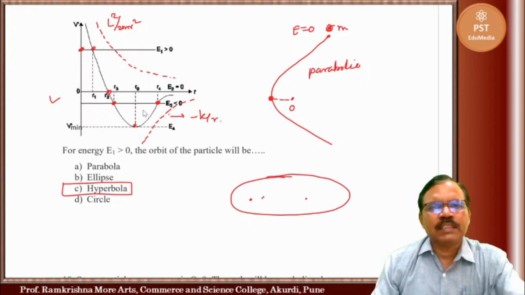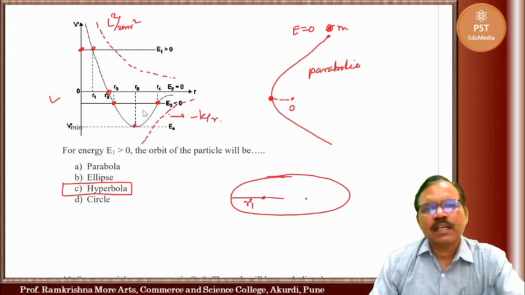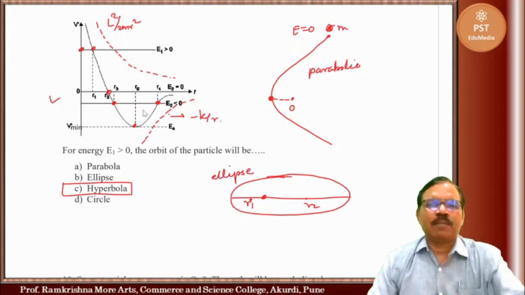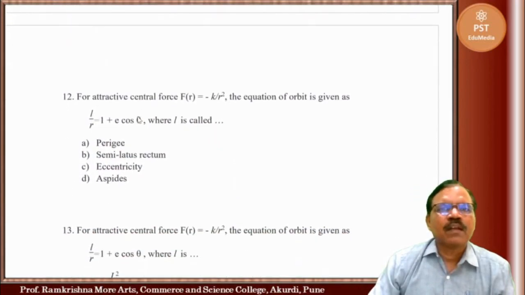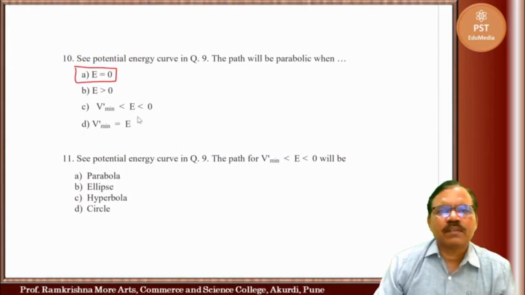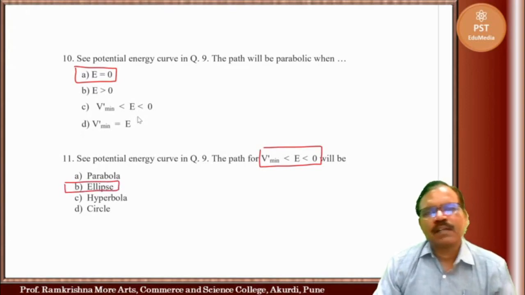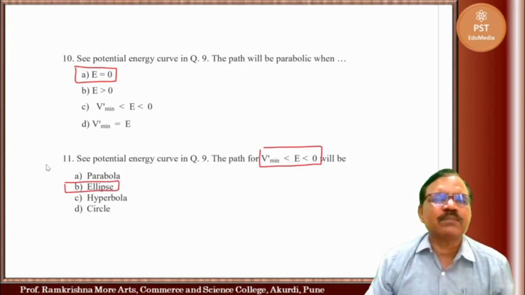From the center it will have two turning points, R1 and R2, and the motion has an elliptical path. So for this case the path is elliptical, and planets satisfy this motion.